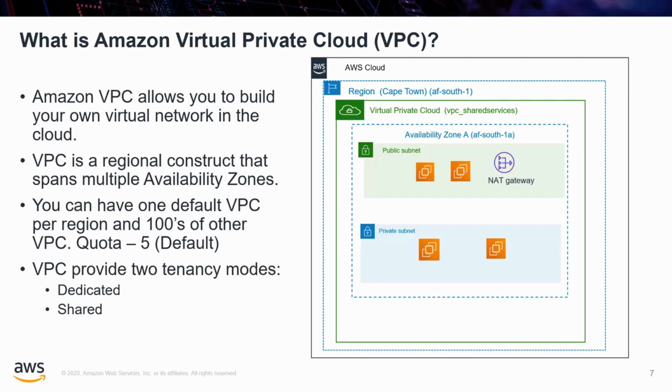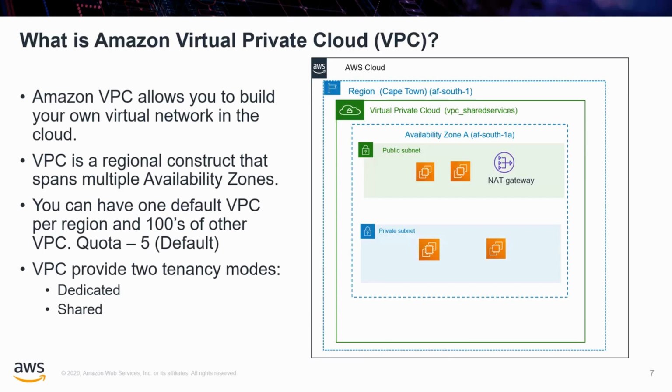Now, the VPC can be provisioned on dedicated or shared infrastructure. In the past, if you provisioned it on dedicated infrastructure, you couldn't change the tenancy to shared infrastructure. Why would you need dedicated infrastructure? There might be some compliance requirements. Previously, HIPAA had a requirement.